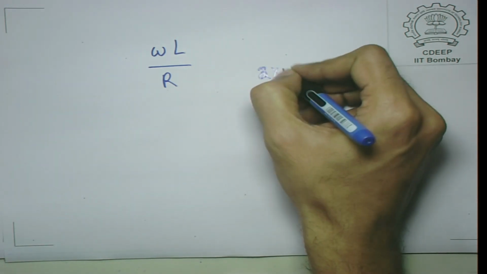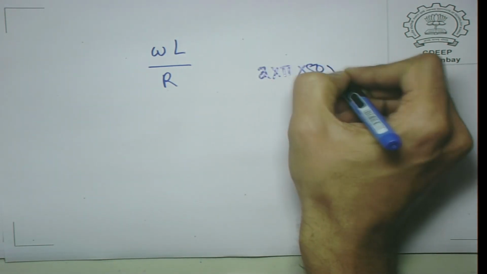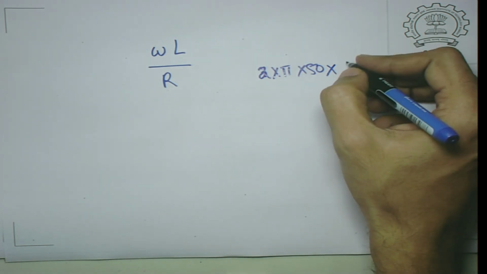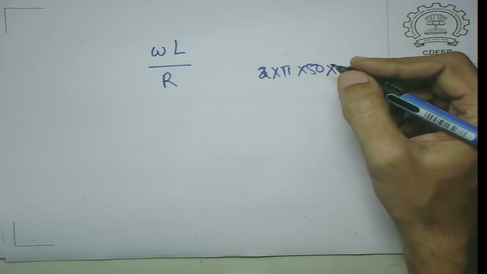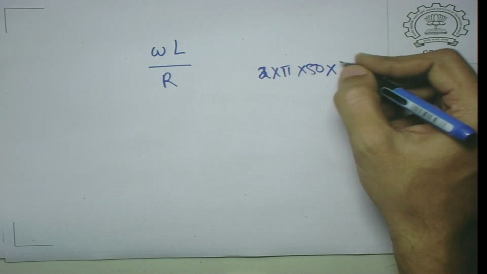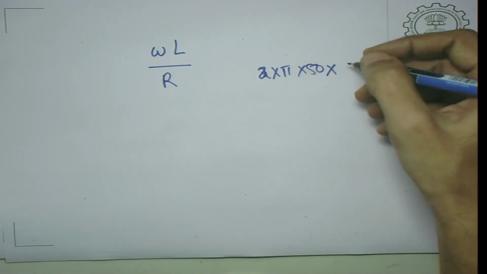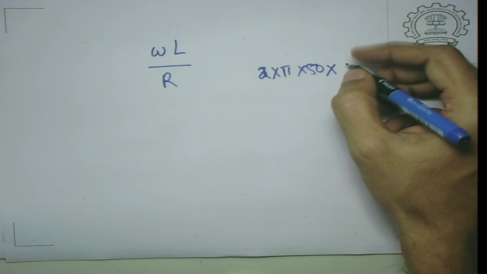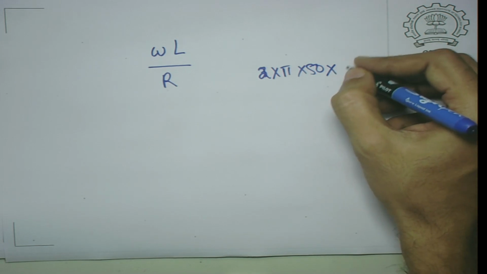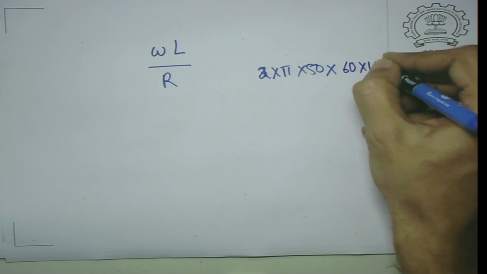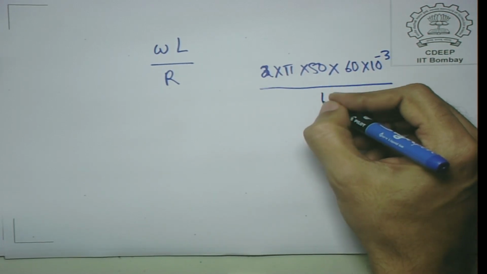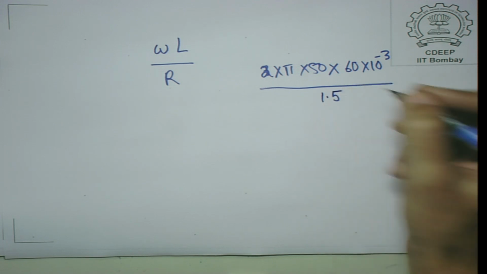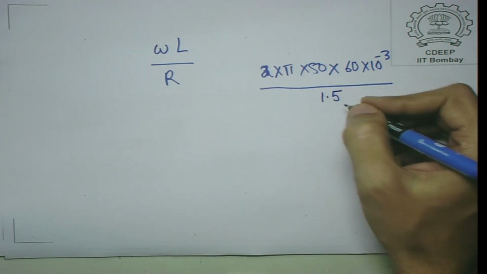2 into pi into 50 into L. This is a 50 hertz, incidentally omega is the radian frequency, something I did not mention earlier, and 50 hertz is the frequency in hertz. L is 60 millihenry divided by R. In the earlier case it was 1.5, now it is 4.5.